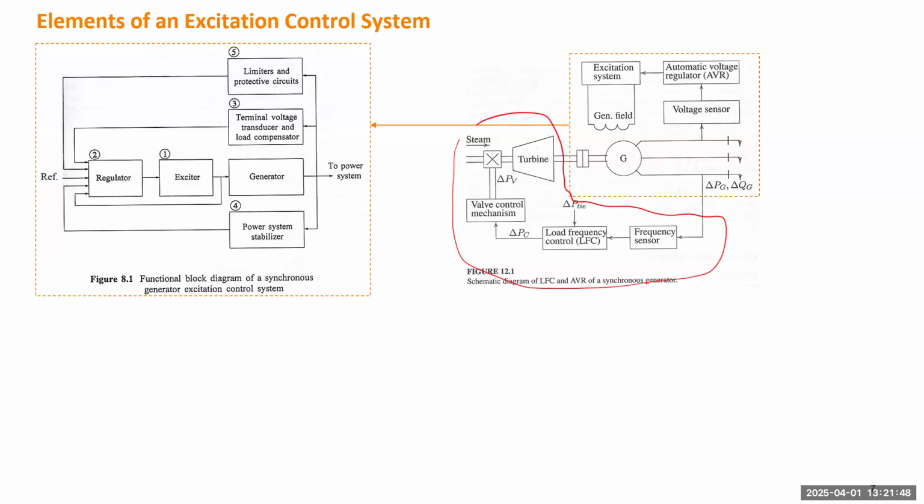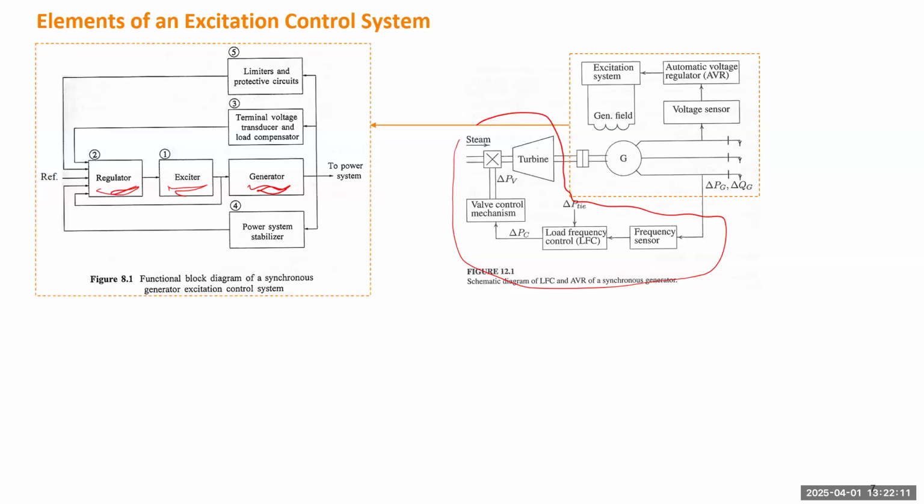So that voltage control loop will have a number of components. We're going to model each of them. The center is a generator, and this exciter will determine the field current. Before that, there's a regulator to decide the control signal to the exciter.